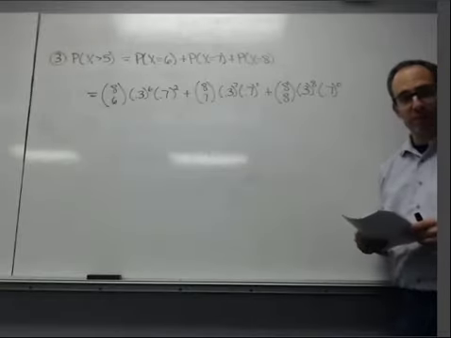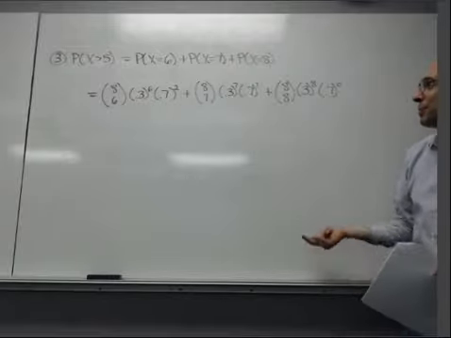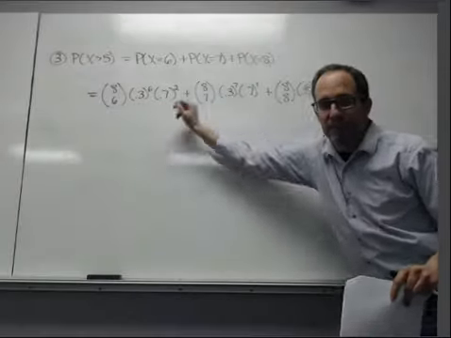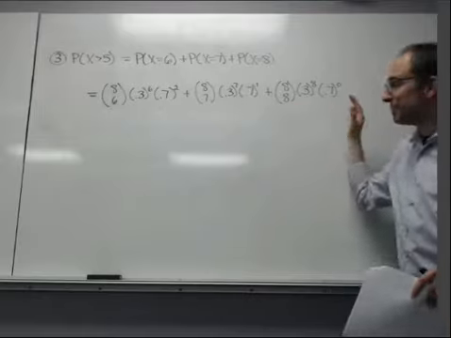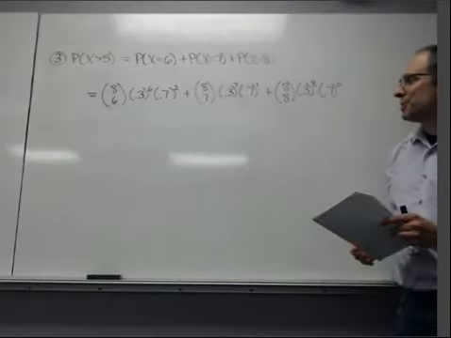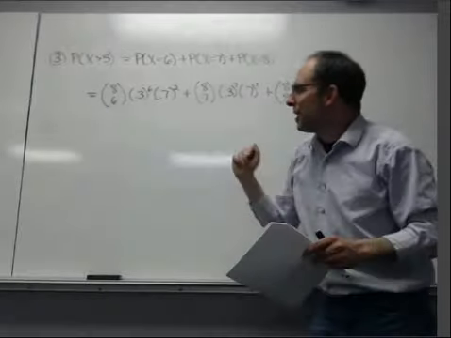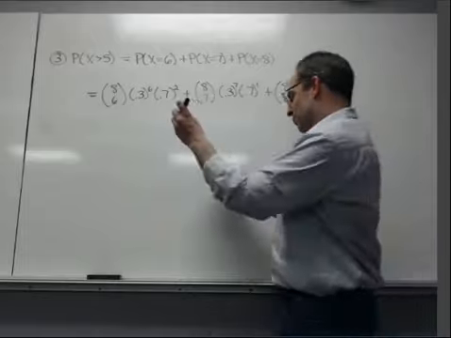I took the liberty of going ahead and just writing these out with all the numbers substituted in. So there's the probability that x equals 6. There's the probability that x equals 7. There's the probability that x equals 8. And I know what those combinations are going to simplify to as well. This one's not too bad. It looks like what you should end up with there is 28.